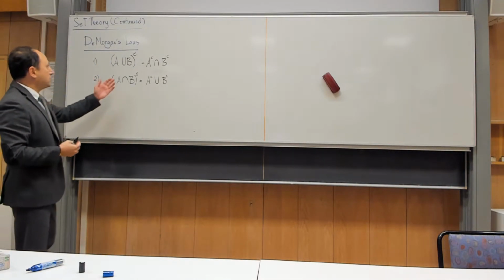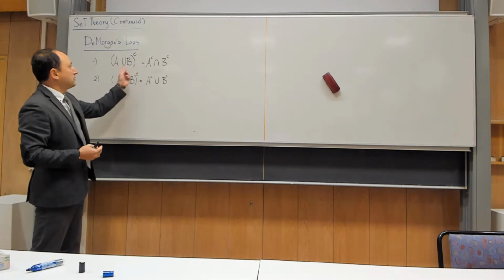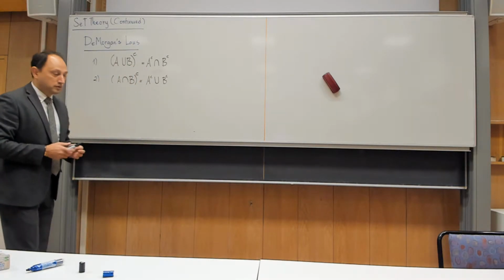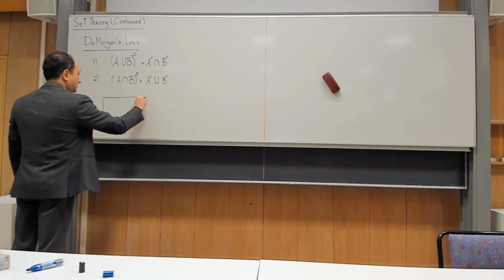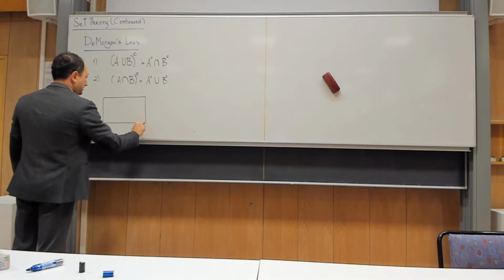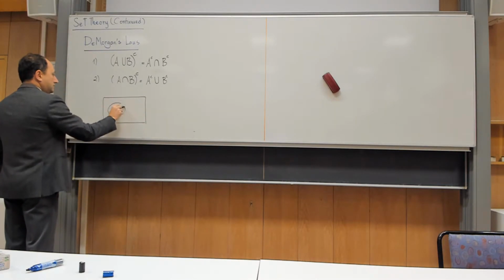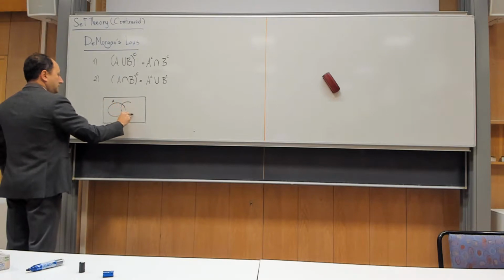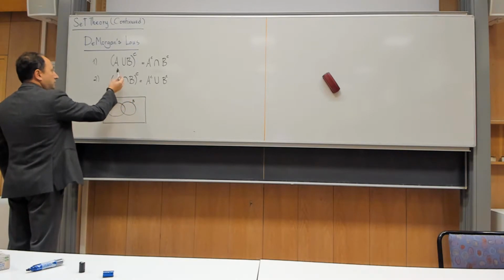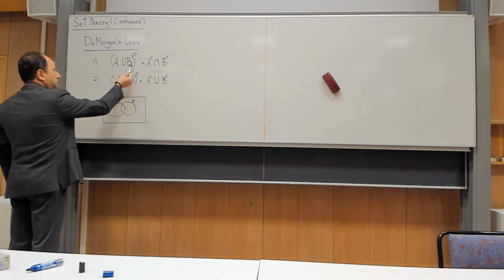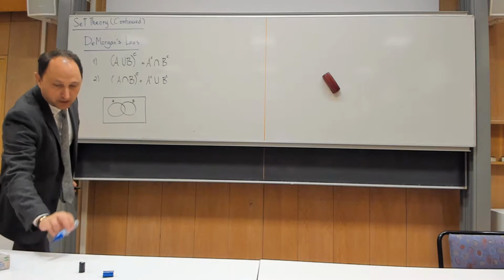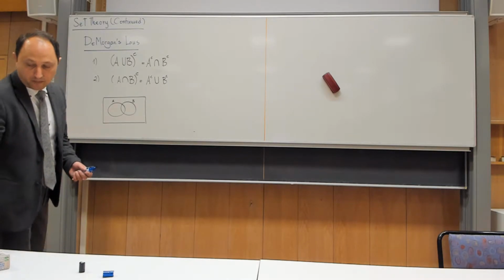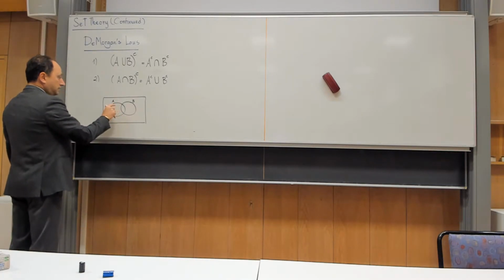If I want to convince myself somehow about this, let us just do two copies of the same Venn diagram. This is just intuitively correct. Let us consider that I have a set A here, and another set B. If I ask where A union B is, a union is everything which is either in A or in B or in both.